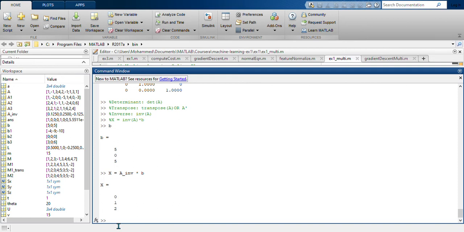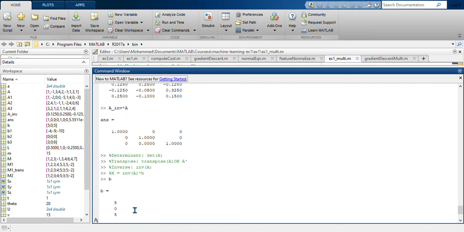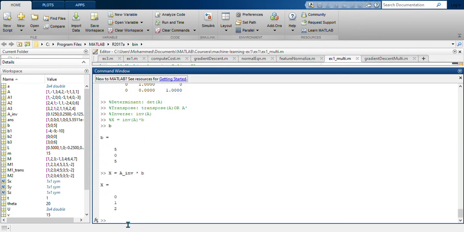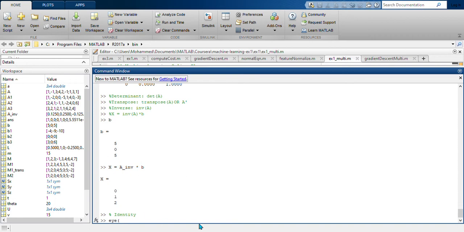Now let's move on to another thing, the identity matrix. Sometimes you may need to generate an identity matrix of a particular size, and the MATLAB command for that is eye. If I say eye, it's the I matrix, and we need to specify the dimension.